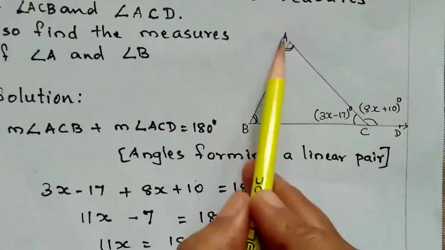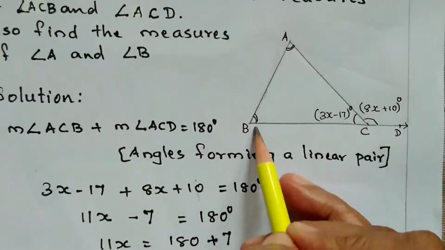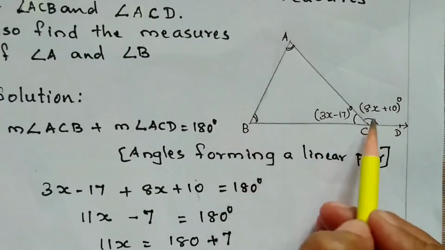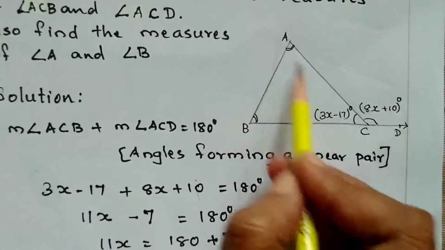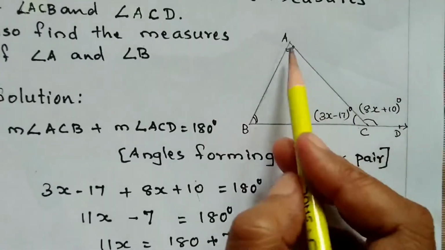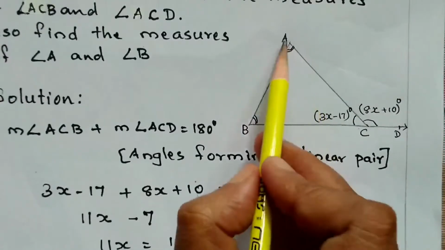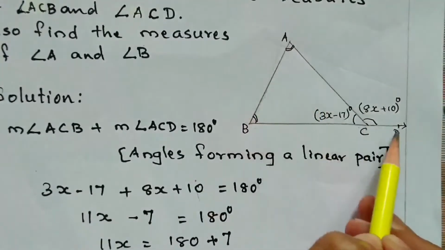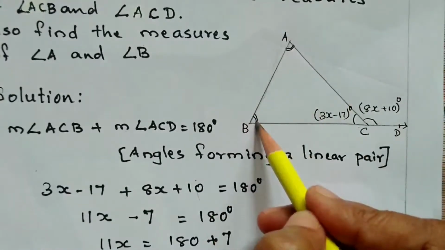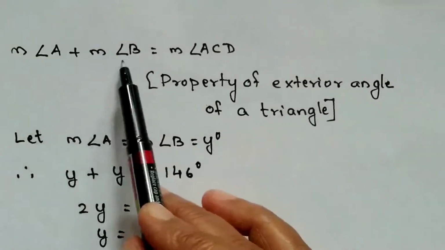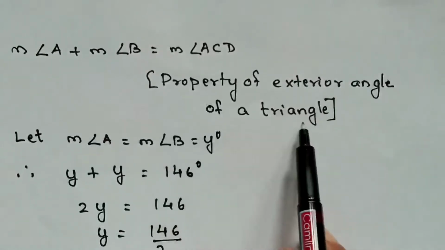Now we know that ACD is 146 degree and angle A and angle B are equal. So what is the relation between these two angles and the exterior angle? Yes, the measure of the exterior angle is equal to the sum of the measures of the interior opposite angles. That means you can write measure angle ACD is equal to measure angle A plus measure angle B. So we can write measure angle A plus measure angle B is measure angle ACD by the property of exterior angle of a triangle.